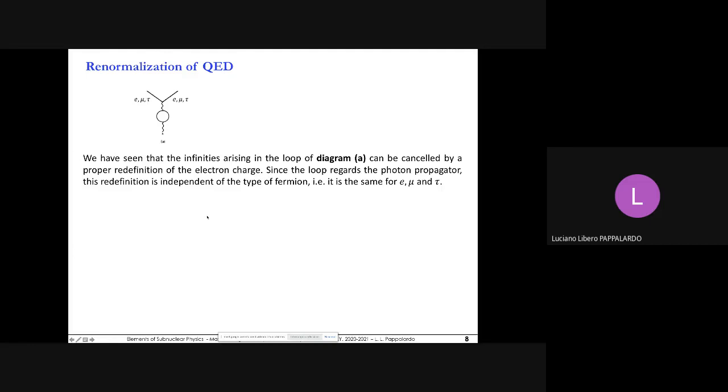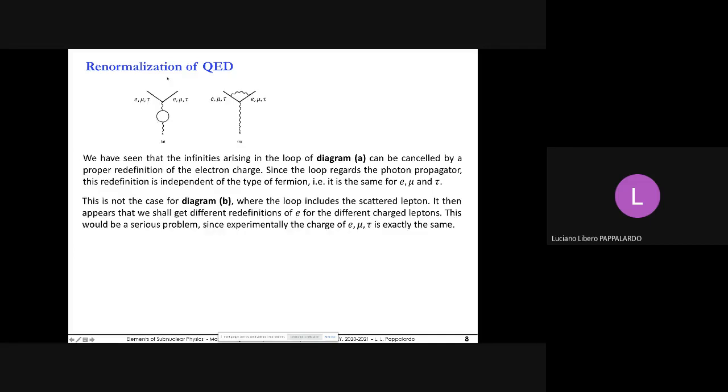Now, since the loop regards the photon propagator, this redefinition of the electron charge is independent of the type of fermion. Whatever you have here, electron, muon, tau, quark, doesn't matter, because the renormalization process is done on the photon propagator. However, one can have loops like this. This is not the case for diagrams like this one, where now the loop includes the scattered lepton.